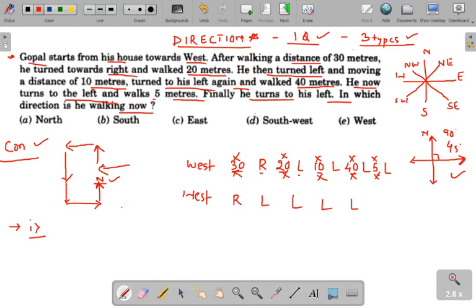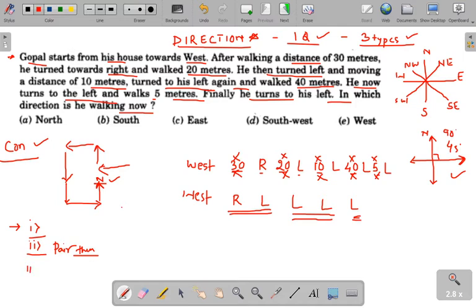Now remember, step 2, remember to pair them. Pairing, what do I mean by pairing? Make this one pair, this another pair, because this is single, so this will be left.